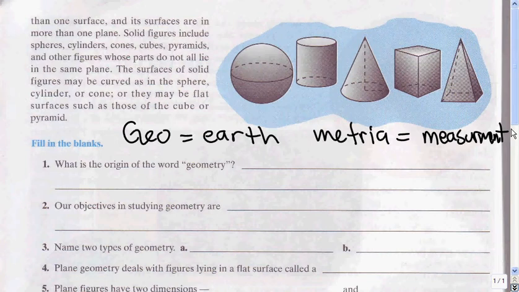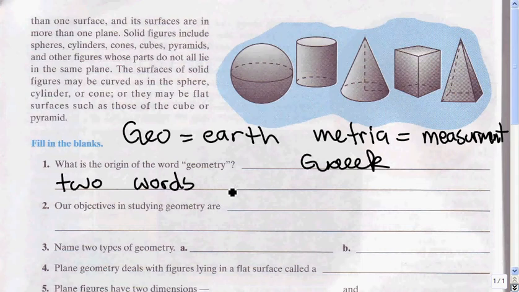So what is the origin of the word geometry? The origin is Greek, and it's two words meaning earth and measurement.